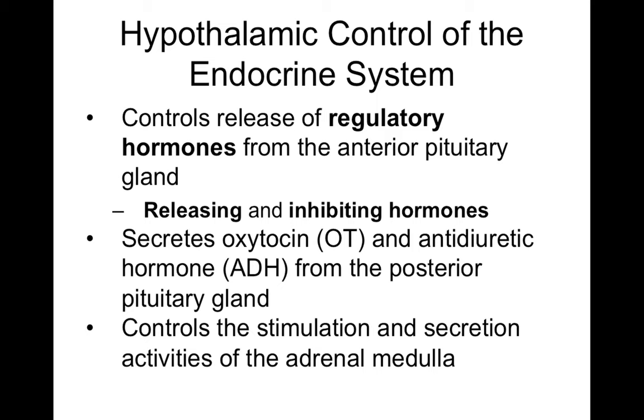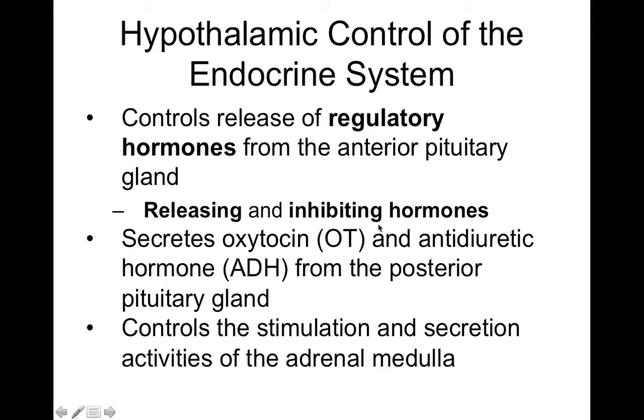We can also call these releasing hormones. So if the hormone in question ends with RH, then you know it's a hormone of the hypothalamus, because neurons in the hypothalamus can actually make their own hormones, which then get sent into the bloodstream and can communicate with the pituitary gland.